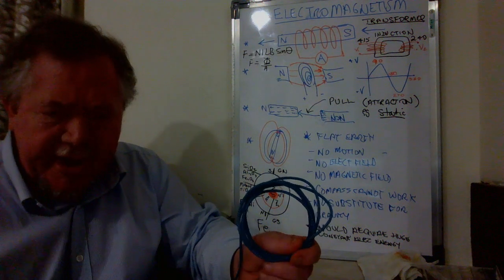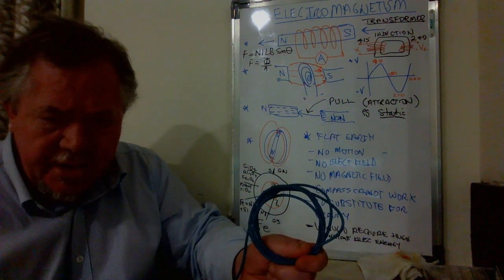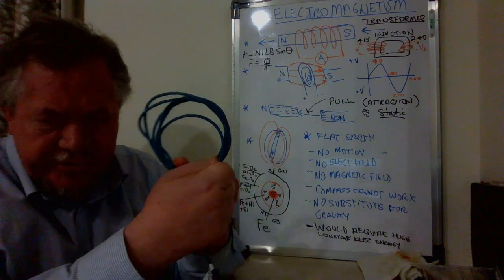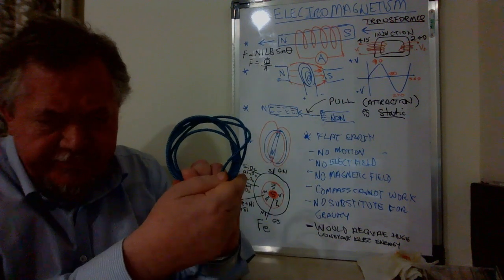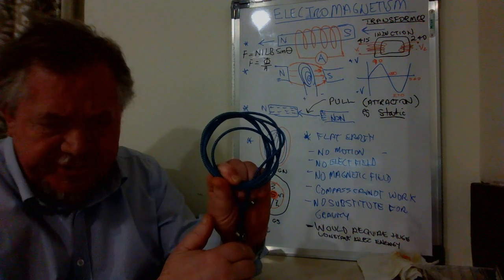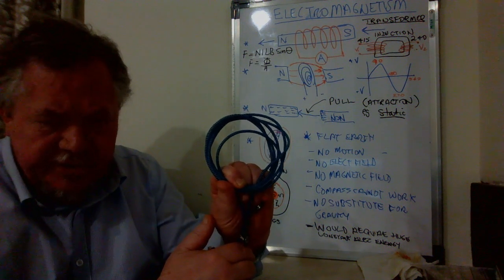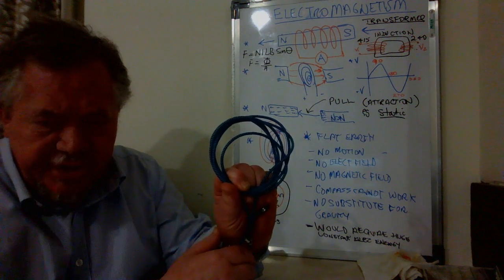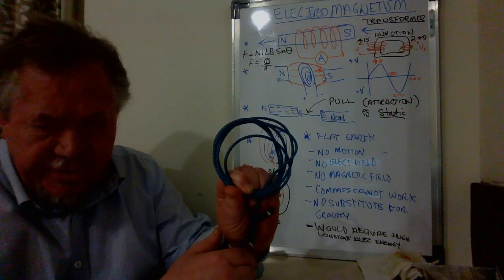You have to pay to make the steam. The steam turns the turbine, which turns this around. You've got to pay to make the steam. So therefore you've got to pay for the electricity. There is no free electricity around for you to get.